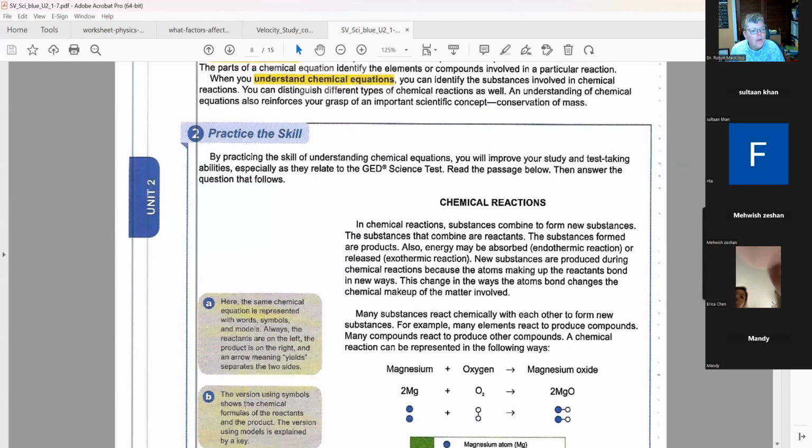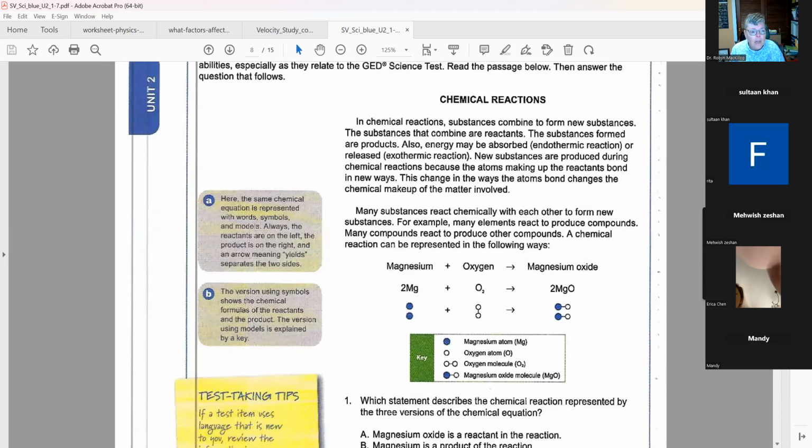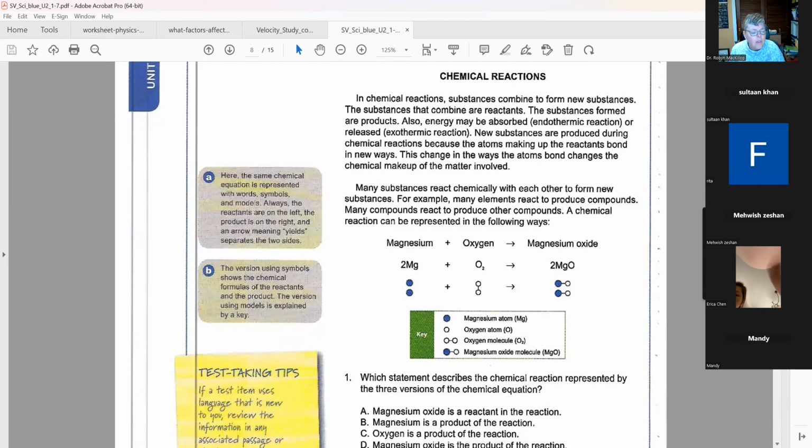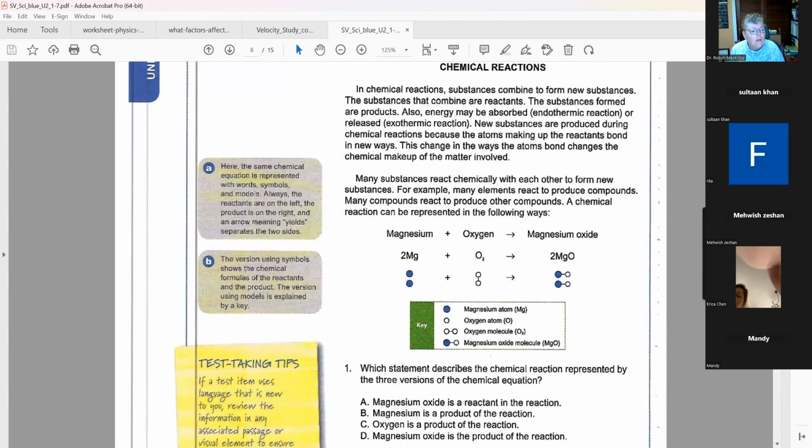All right, chemical reactions. We hopefully are a little more comfortable with these. Maybe. And before we read, let's see what they want us to do. Which statement describes the chemical reaction represented by the three versions of the chemical equation?